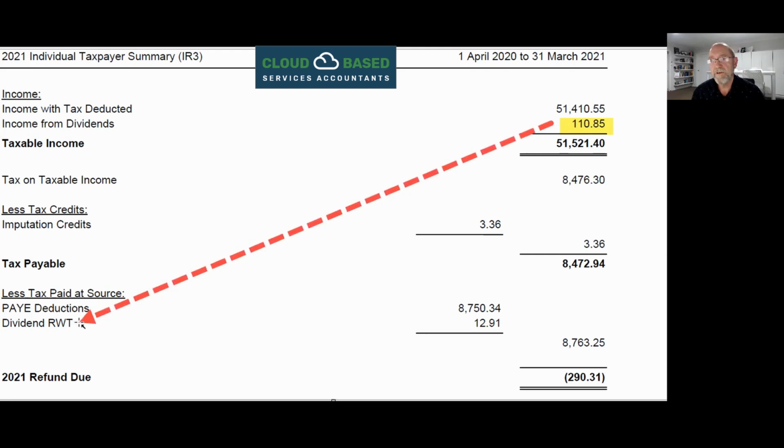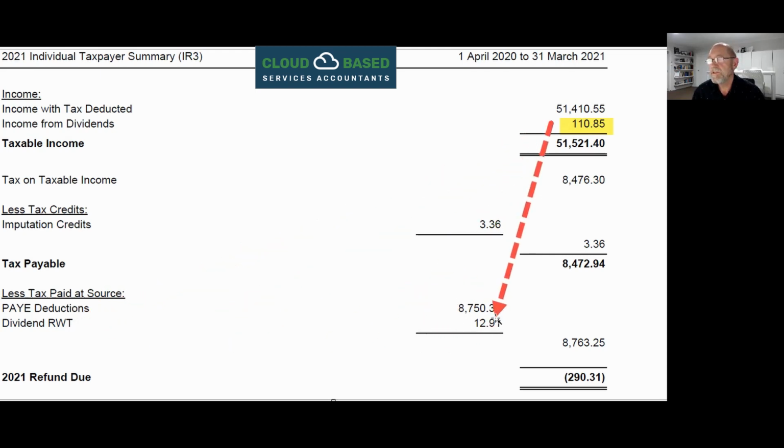That RWT stands for resident withholding tax, and you can see you get credit for that tax that was deducted.